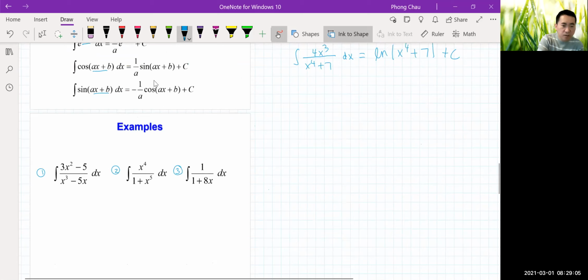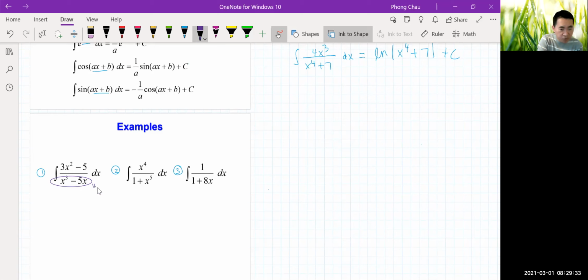The first one: 3x squared minus 5 over x cubed minus 5x. I look at the denominator. What's the derivative of x cubed minus 5x? I take the derivative and it's 3x squared minus 5. You see that when you take the derivative of the denominator, it's the numerator, right?